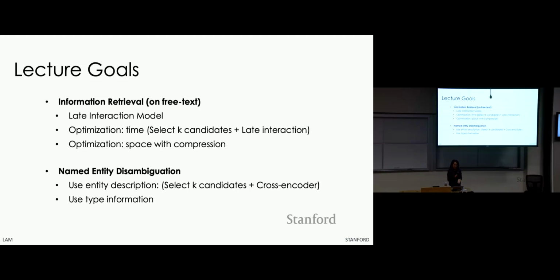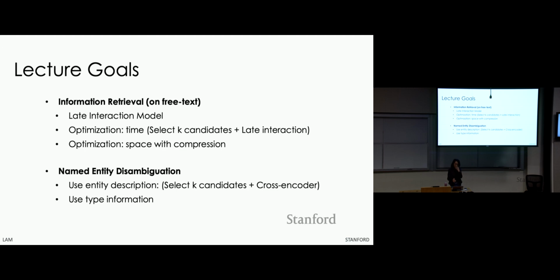All right. So let's talk about the second topic, which is named entity disambiguation. And as you see here, we have this optimization where we optimize time by separating the calculation into 2 parts: you select the K candidates, and then you do a more full-blown re-ranking, figuring out what the right rank is among the 10,000 candidates.